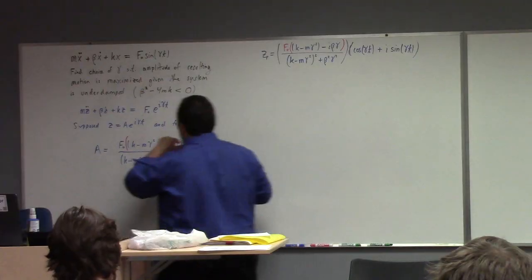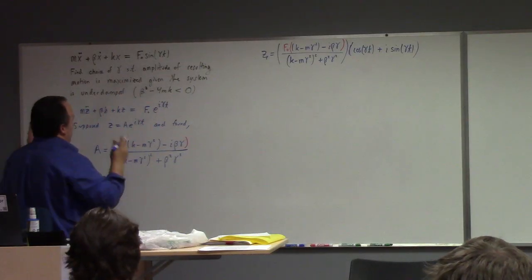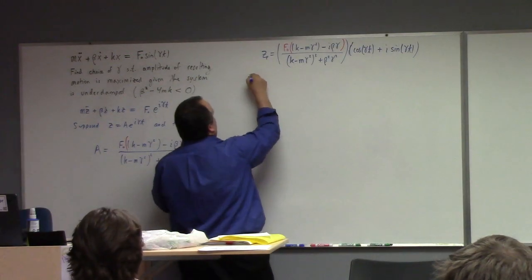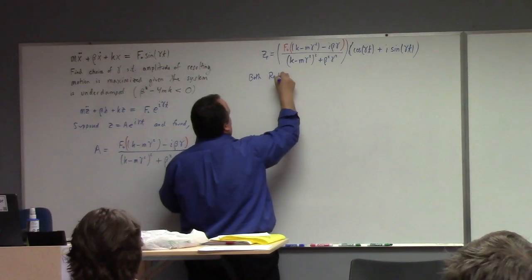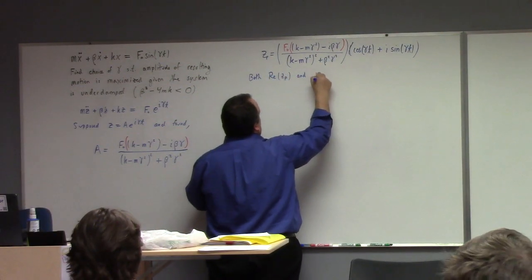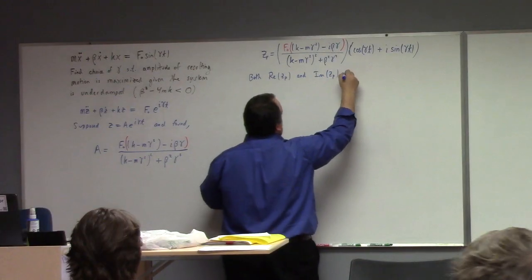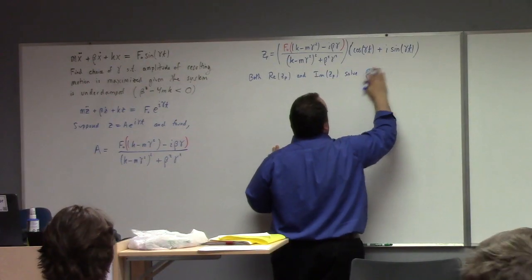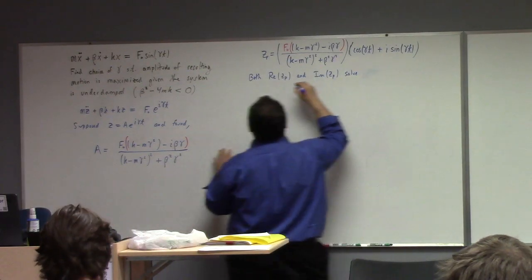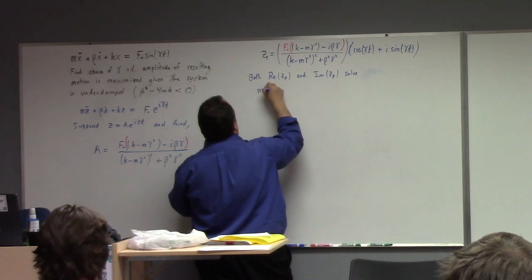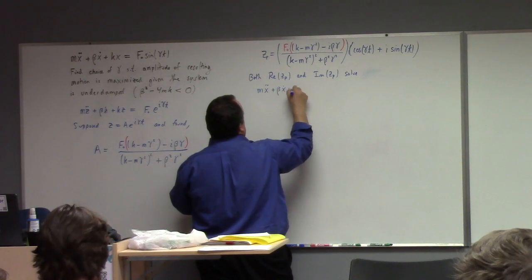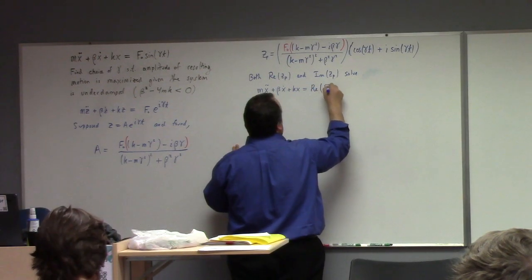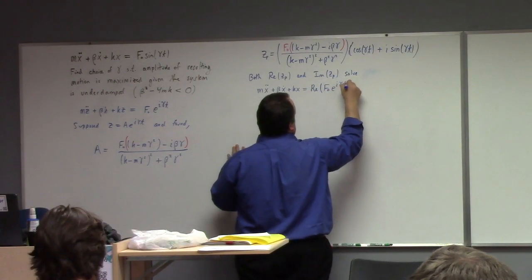Now, the theorem I'm using is that both the real and the imaginary part solve, in particular, mx double dot plus beta x dot plus kx equal to the real part of f naught e to the i gamma t, all right?